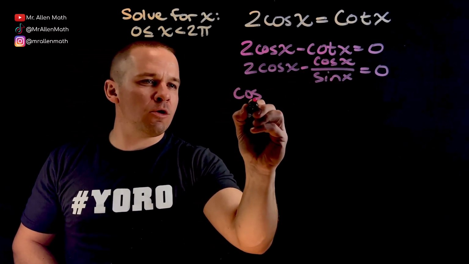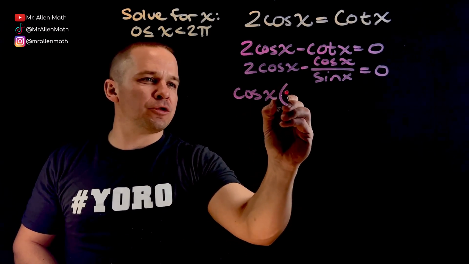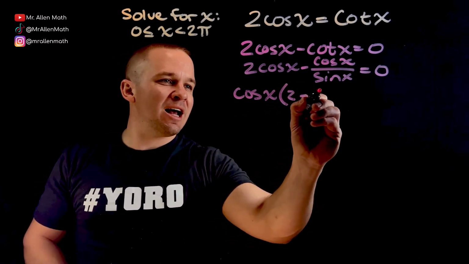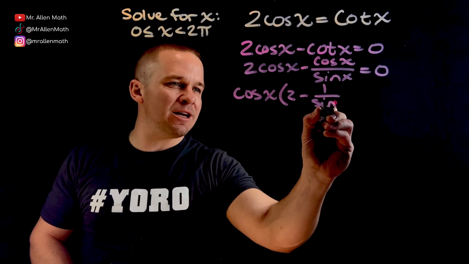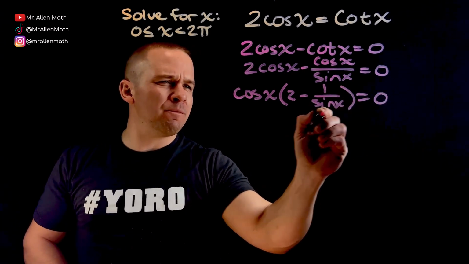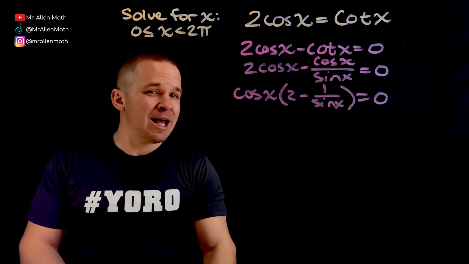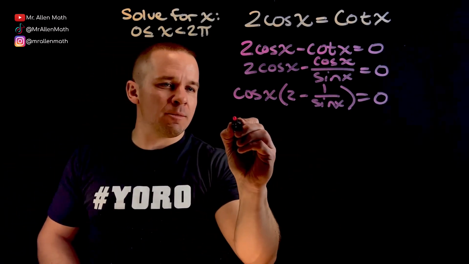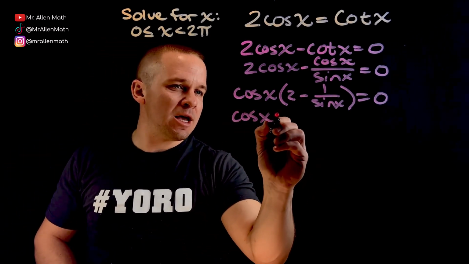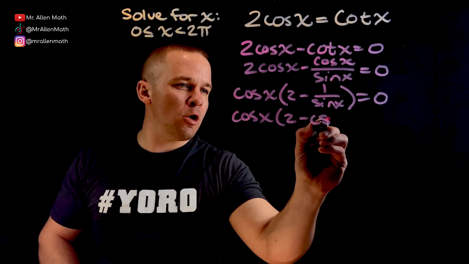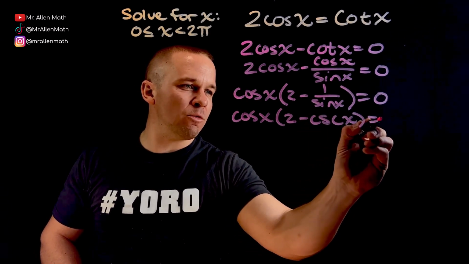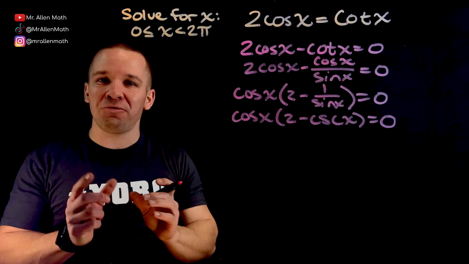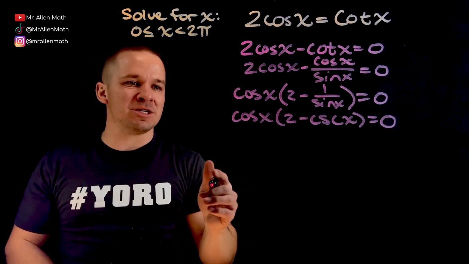So cosine x, then I'll be left with 2 minus 1 over sine of x equals 0. What's 1 over sine? That is cosecant. So I'm going to have cosine of x times 2 minus cosecant x equals 0. Now I have 2 factors I can work with, set them equal to 0, and solve.